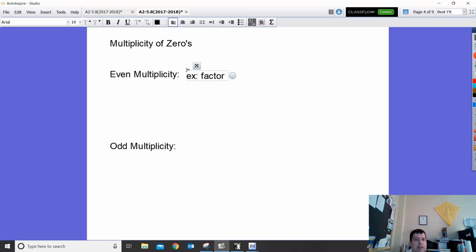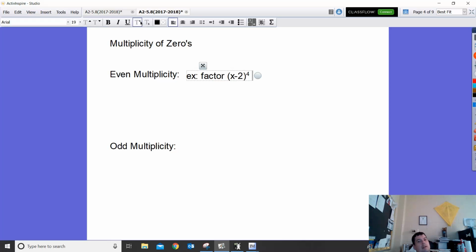We have a factor of x minus 2 raised to the 4th power. That's even multiplicity because of its exponent. X minus 2 to the 2nd power would be even multiplicity because of its exponent.